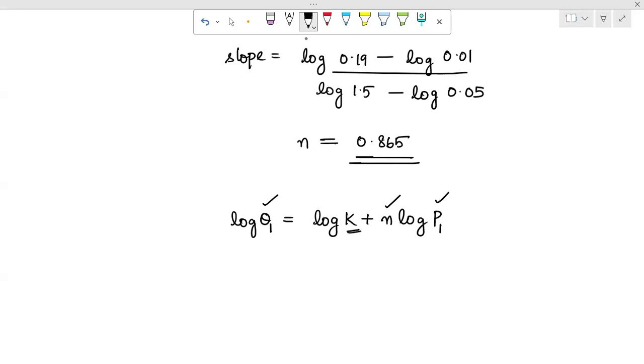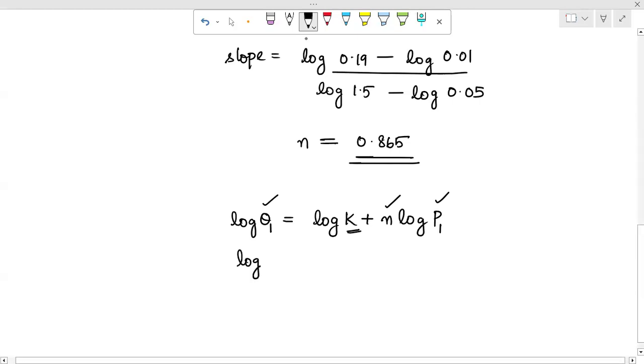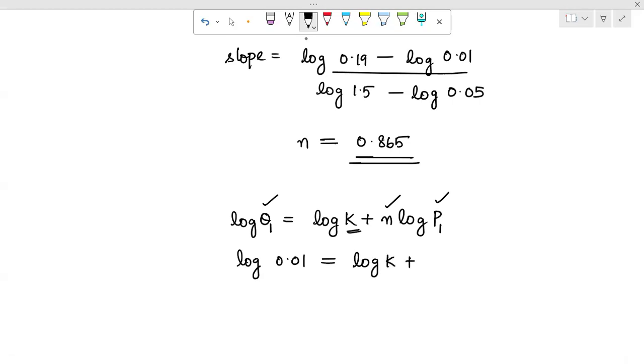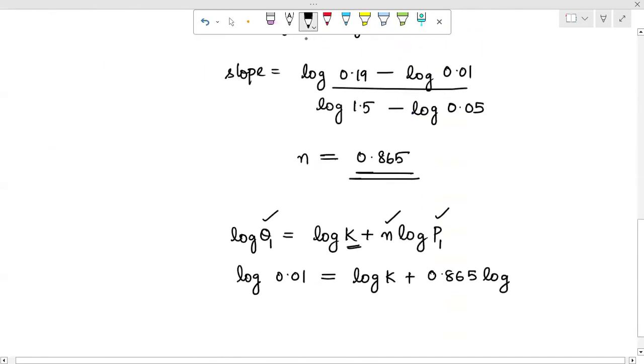We can easily find the value of k. So log of theta 1, which is 0.01, is equal to log k, which we have to find, plus the slope 0.865 times log p1. What was the value of p1? 0.05.